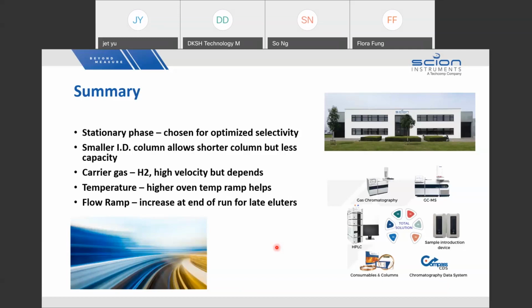Temperature is the overall temperature range, but ramp is how fast the temperature increases. As in the examples just now, for the later eluters, if the spacing among the peaks is still sufficient, then you can use higher flow rates to make those late eluters come out faster. This is a general guideline for you to work with.